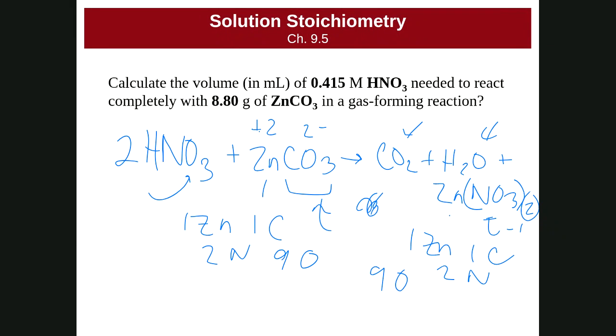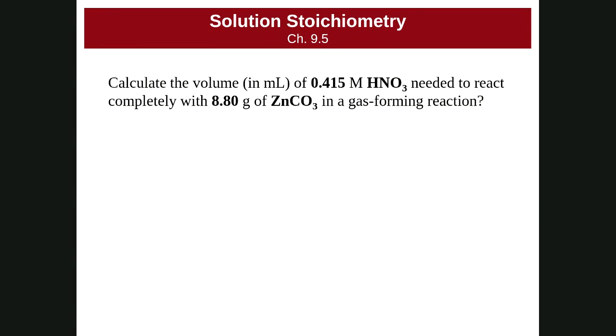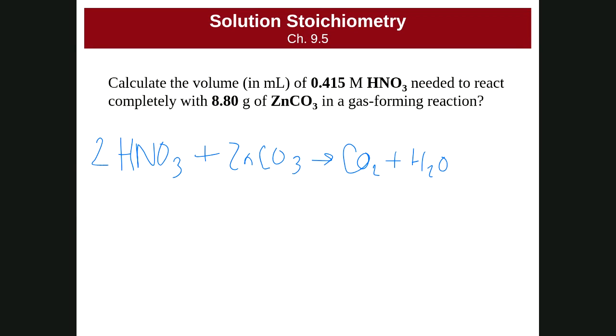Perfect. And lastly, hydrogens. We have 2 hydrogens on the left and just 2 from water on the right. So we are balanced. We just needed that one coefficient of a 2 in front here. So let me erase. We have 2 nitric acid molecules plus 1 zinc carbonate forming 1 carbon dioxide molecule, 1 water molecule, and 1 zinc nitrate molecule.